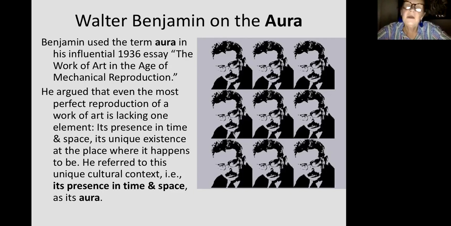We will never understand the Eiffel Tower's unique existence in the place where it is if we're just trying to get to it through that Vegas reproduction. Benjamin refers to the unique cultural context. That is, in our case, the work of art, its presence in time and space. He calls that presence in time and space, its unique cultural context. He calls it the aura.